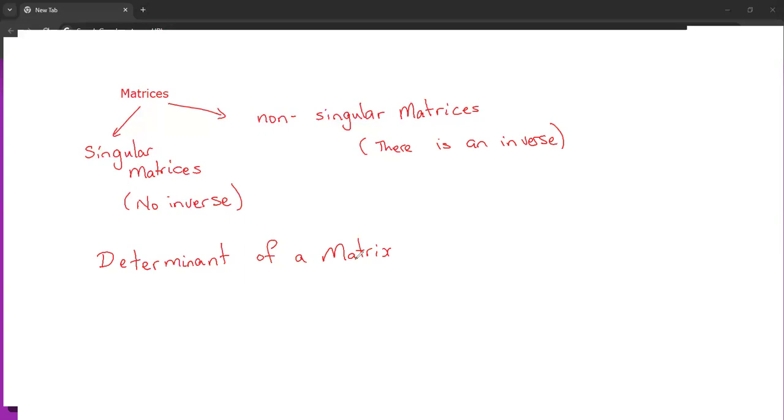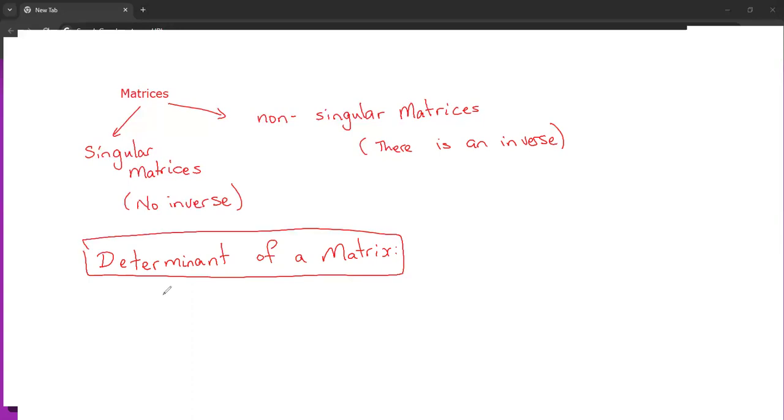A determinant of a matrix, they'll either tell you to find the determinant, or they might give you a symbol like this.